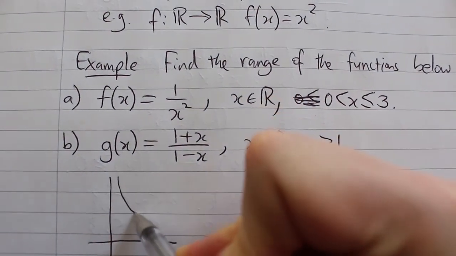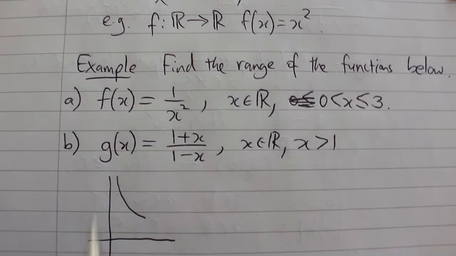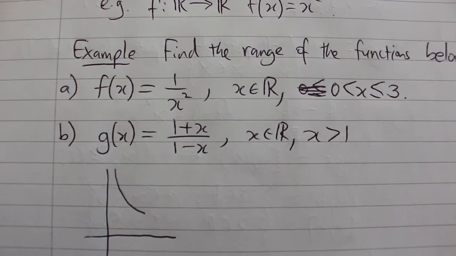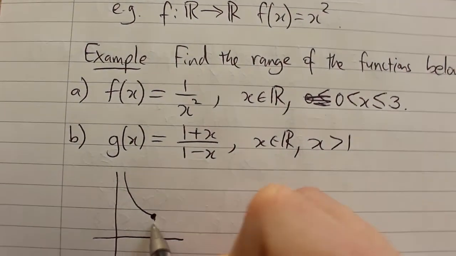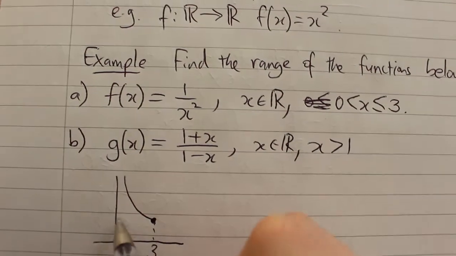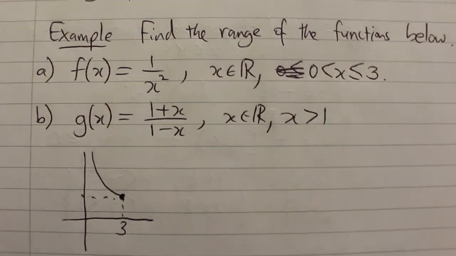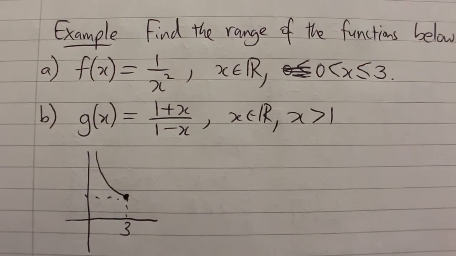So we get something like this, where the y-axis is an asymptote to the curve. And then the end point, so notice the graph of this function is not the whole graph, it ends here at this point when x is 3. So you have to be careful about questions that involve sketching this, because the sketch is not the entire graph of the function 1 over x squared.